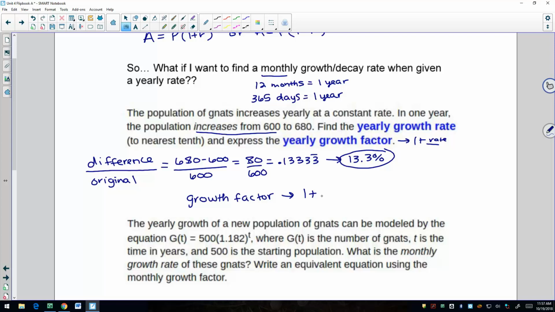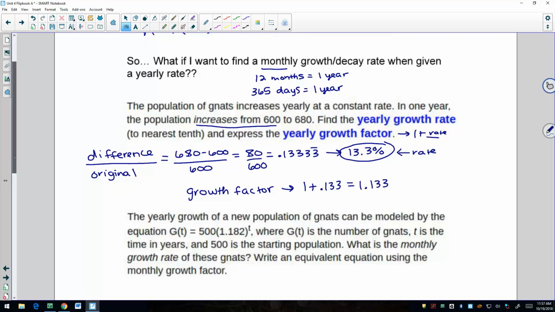So it would be 1 plus 0.133, which equals 1.133. So this is your rate, and this is your growth factor. Please notice the difference. The rate is usually listed as a percent, unless they turned it back into the decimal. And the growth factor is either 1 plus that rate or 1 minus that rate.